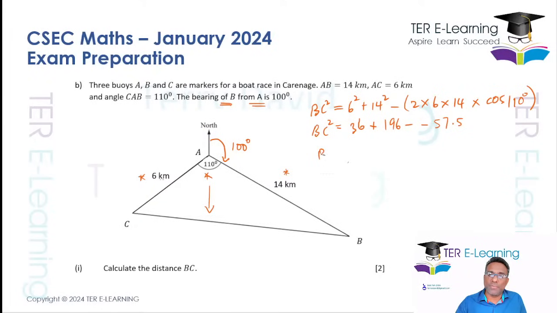So BC squared, sorry, is equal to 36 plus 196 plus 57.5. You're going to get 289.5, right? So therefore BC is the square root of this.